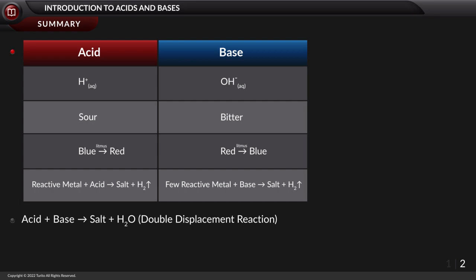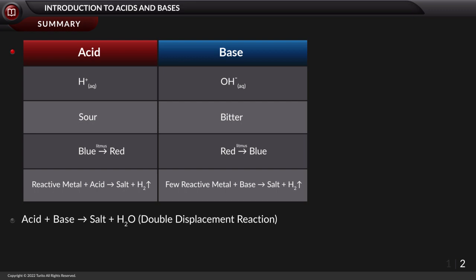Next is the difference between acids and bases. Acids are the substances that release H+ in an aqueous medium, sour to taste, and turn blue litmus red. On the other hand, bases are the substances that release OH- in an aqueous medium, bitter to taste, and turn red litmus blue.